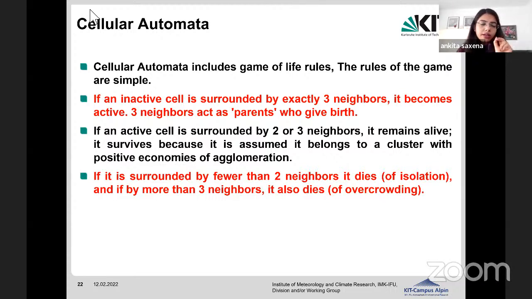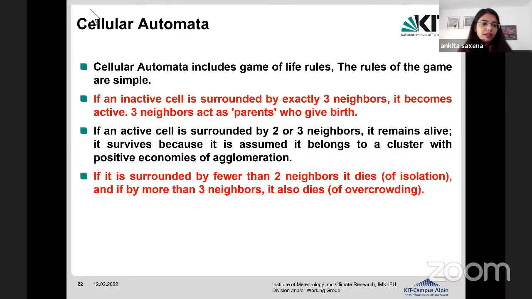For example, there is one non-urban cell, and it will look around to see how many urban locations are available. If it is less than 3, then it will not get urbanized. It could vary from 3 to 2, depending on developing and developed concepts, because in India it's very dense.